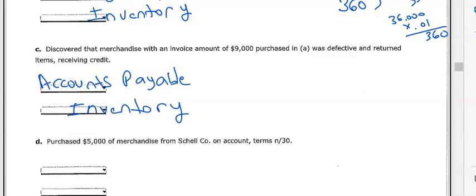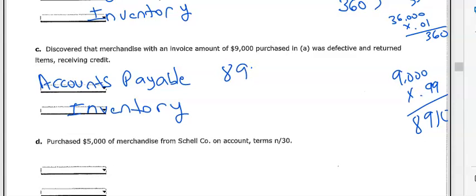So my accounts payable will go down with a debit. Because I've already taken the discount, I'm not going to get a credit for the whole thing. It'll only be 99% of this. So 9,000 times 0.99 means that I'm only going to get a credit of the amount net of the discount. So that's $89.10.